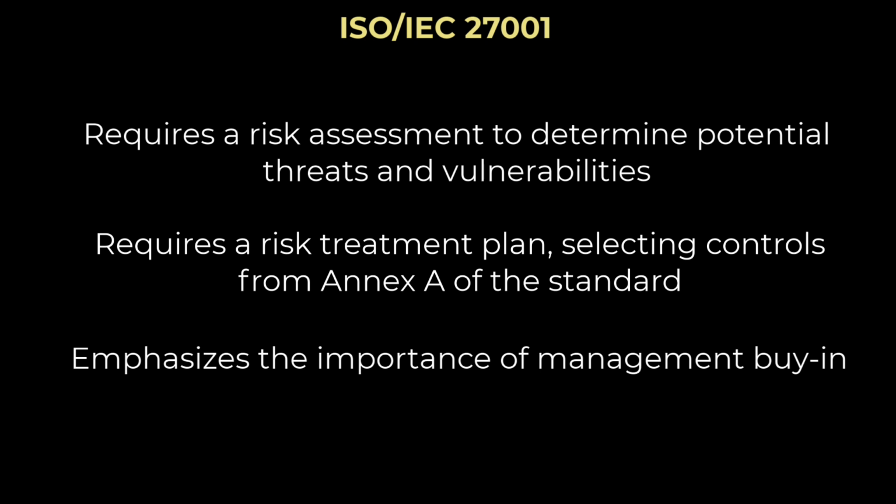ISO/IEC 27001 is part of the broader ISO/IEC 27000 series, which consists of multiple standards that provide further guidance and best practices for information security management. For example, ISO/IEC 27002 offers detailed explanations of security controls and how they can be implemented.